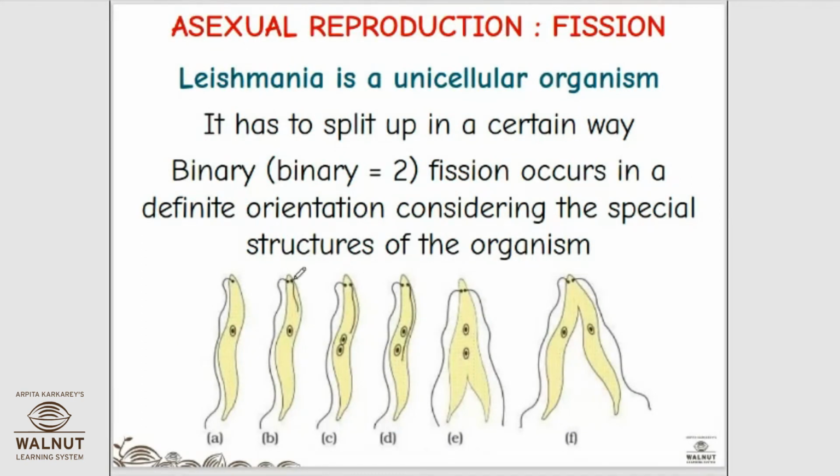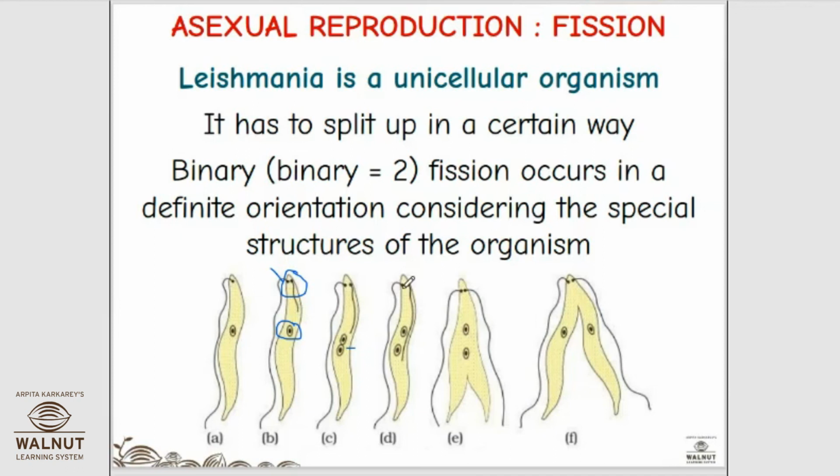You will see again. This is also fission only, but a different type, so the orientation of it is different. Here you can see this thread-like structure of Leishmania is called flagella. First, it divides into two. Here you can see it is dividing into two. It completely grows and the nucleus also divides into two at the same time. You can see the nucleus has separated.